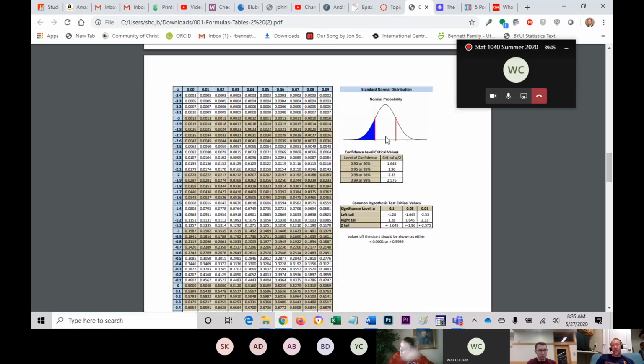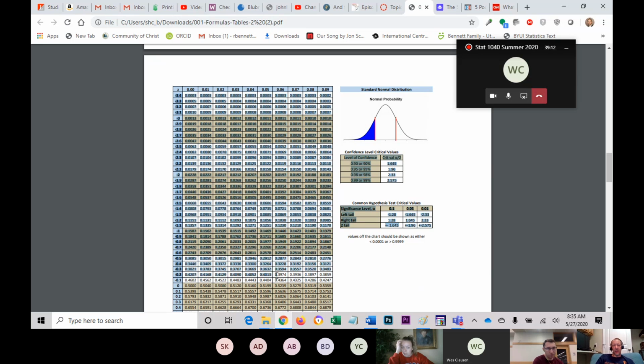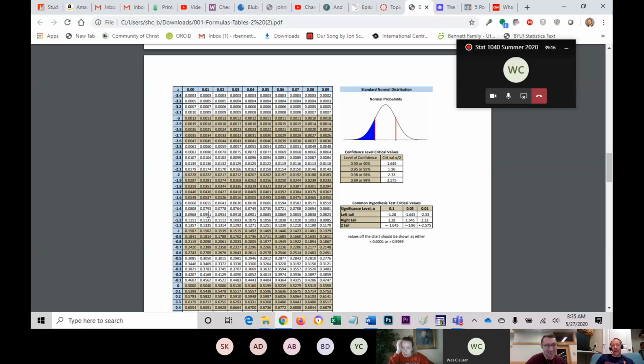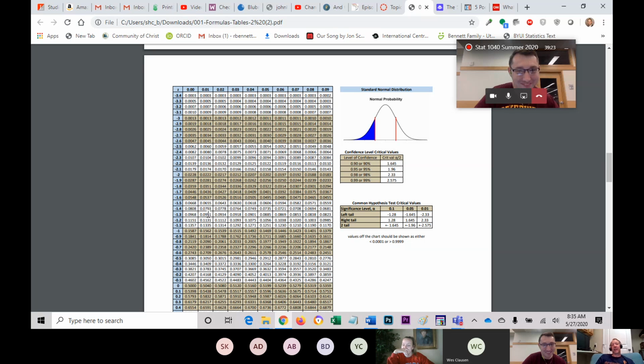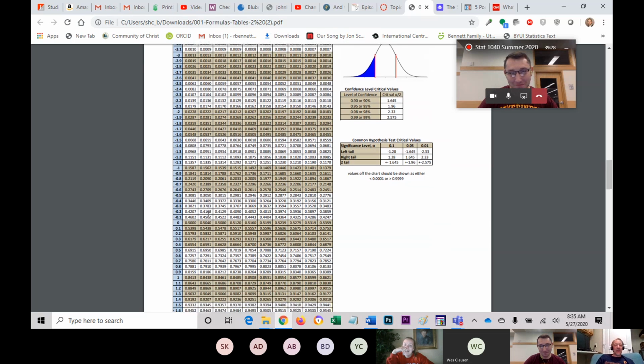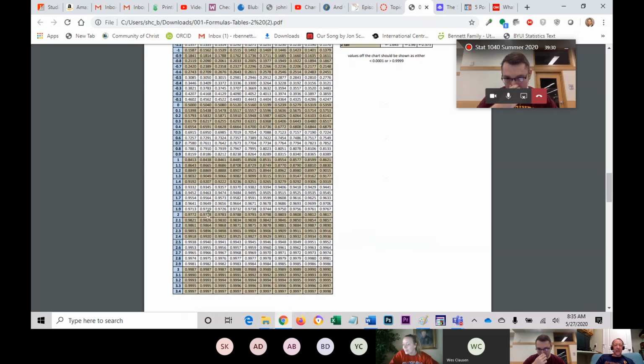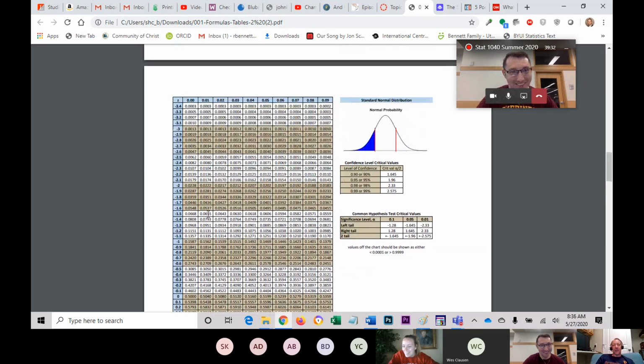Page 3 is your standard normal distribution, so this is the table. I want you to memorize this table right here. Can you guys do that by next Friday? I got a smile out of Easton. The rest of you aren't on camera. Yeah, you don't have to memorize that. I'm just teasing. You guys are a tough crowd, especially when you're not on camera and I can't even see that you're smiling and you know that I'm kidding.